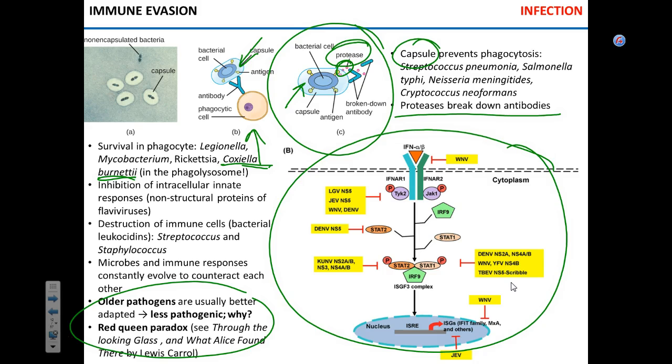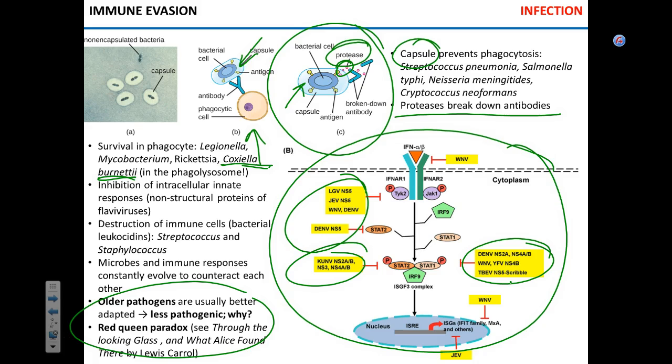There is a huge part of virology where people study how different viruses, in this case different flaviviruses in this illustration, inhibit different steps of the interferon response. How viruses can block the cell from responding to the infection.